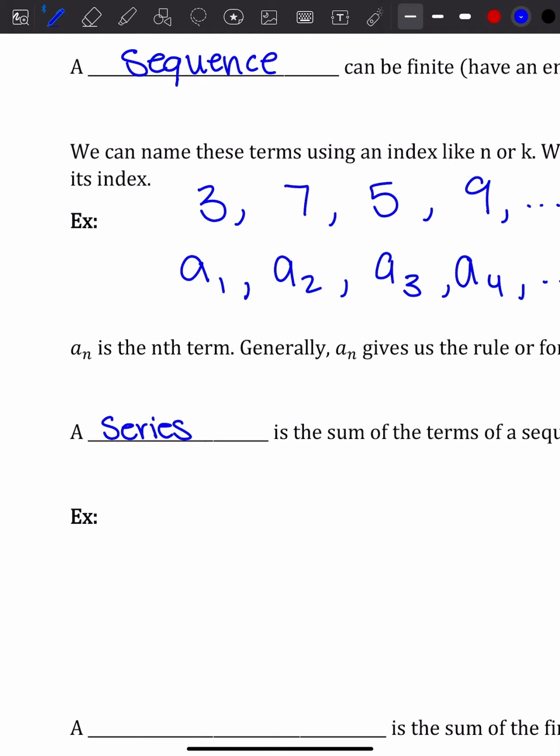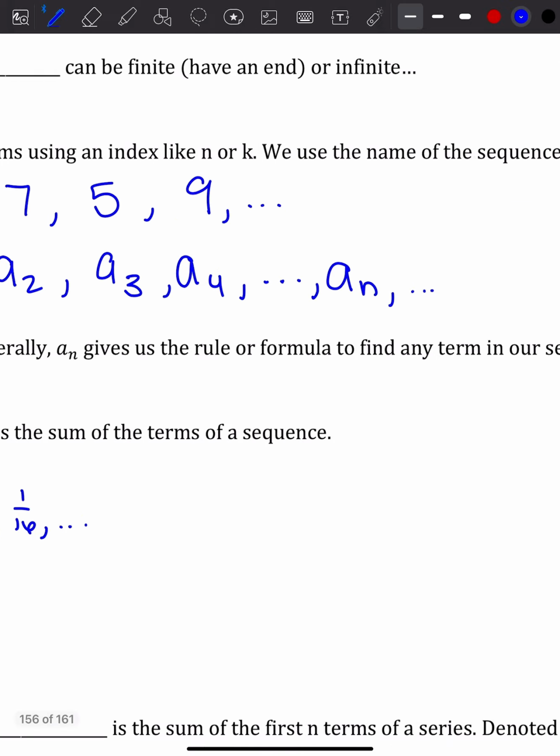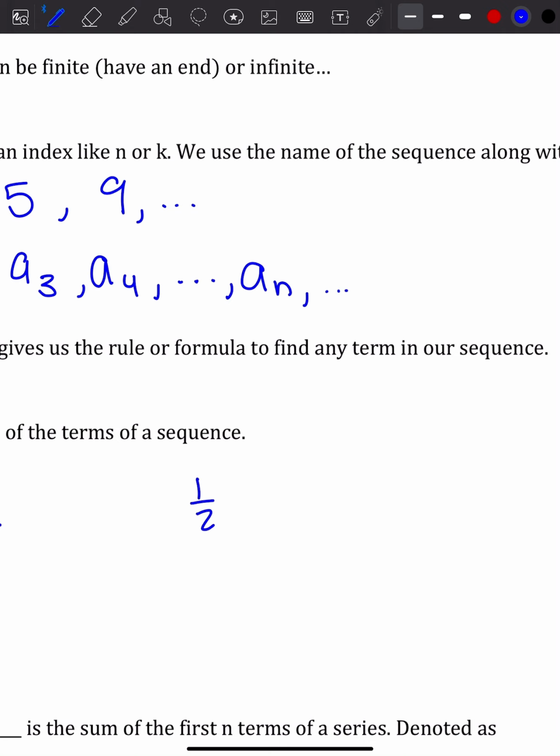So if we have a sequence of 1/2, 1/4, 1/8, 1/16, this is a sequence, versus 1/2 plus 1/4 plus 1/8 plus 1/16. This is a series.